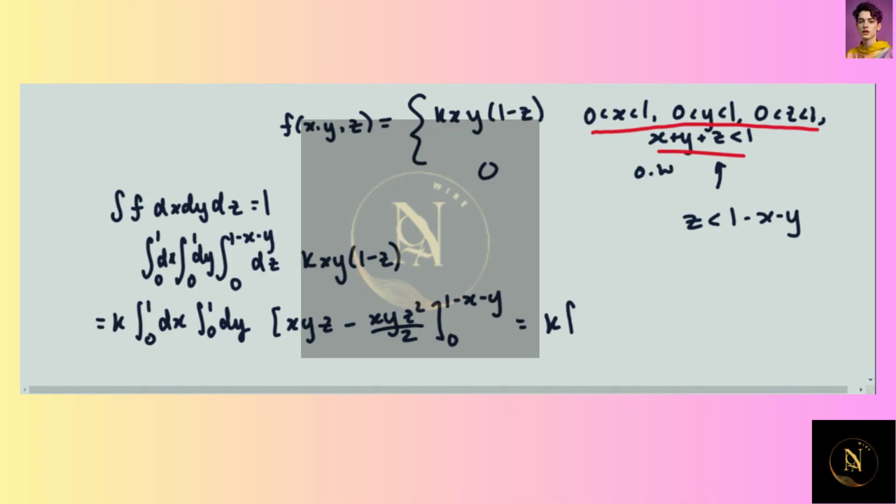And that's just going to give us, in the same x and y integral, xy times 1 minus x minus y, and minus xy over 2 times 1 minus x minus y squared. And this is integrating again over dx dy from 0 to 1 on both fronts.